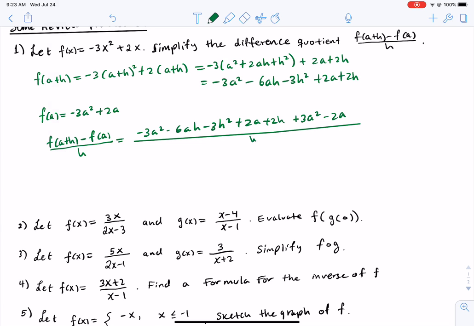So what cancels on the numerator? Yeah, the 3a squared will cancel out, right? And the 2a's will cancel out, right?